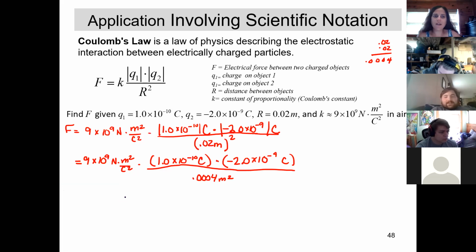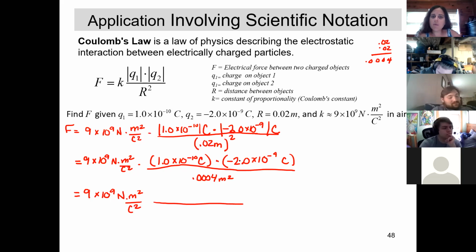I'm good. Okay. So I guess I'll wait a little bit longer before I cancel units. All right, so I have 9 times 10 to the 9th newton meter squared over C squared. And then this fraction here, I'm going to multiply this numerator. So when I'm multiplying the 1.0 times 10 to the negative 10, that's the units.